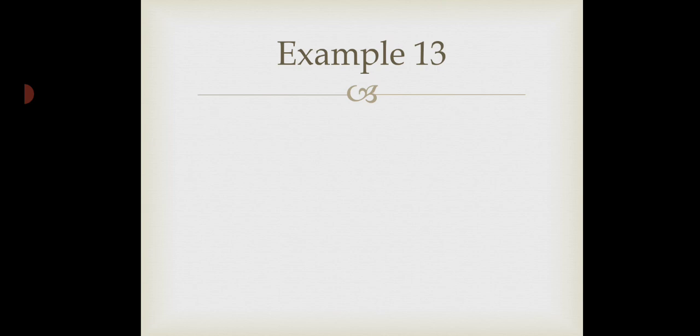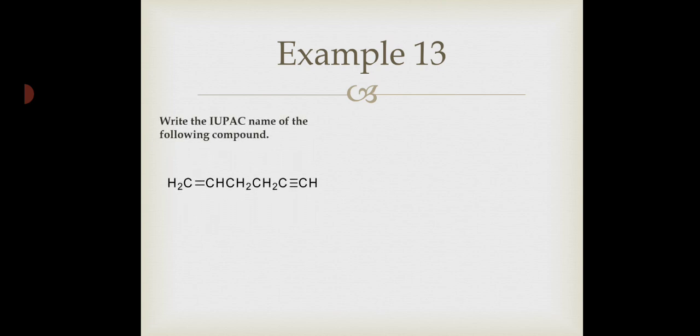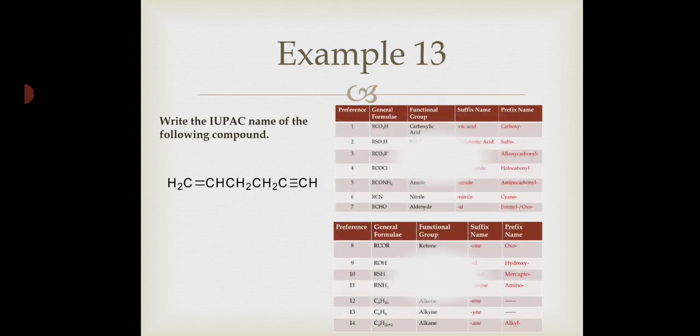Coming to example 13. Write the IUPAC name of the following compound. The compound has a double bond and a triple bond. Who gets preference? Ene gets preference over yne according to the priority table.